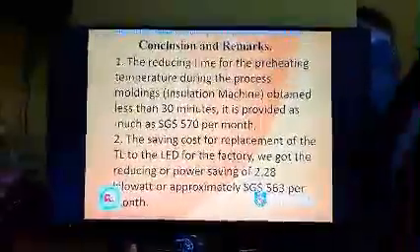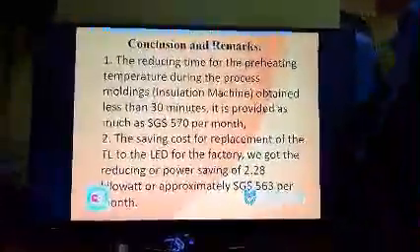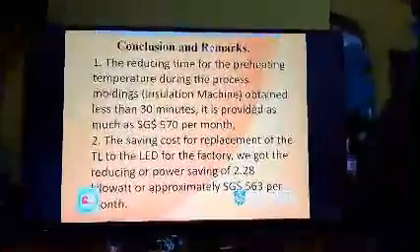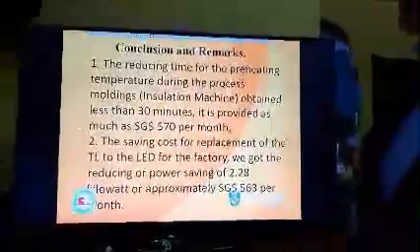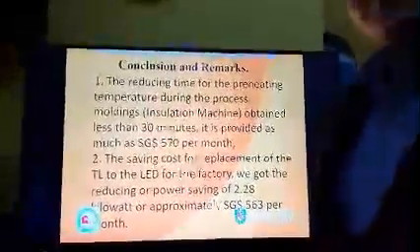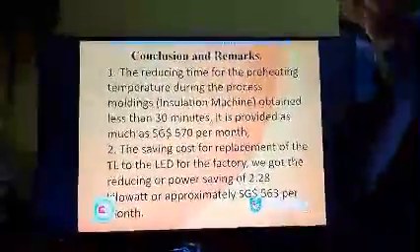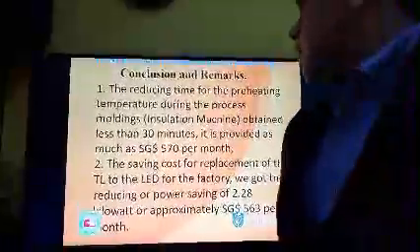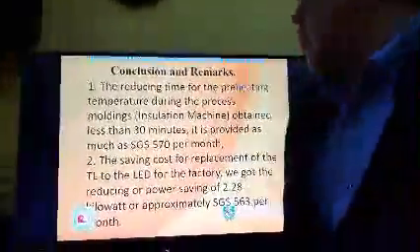So what's the conclusion? The reducing time for the preheating temperature during the process molding installation machine obtained less than 30 minutes. It is provided as much as 570 Singapore dollar per month.